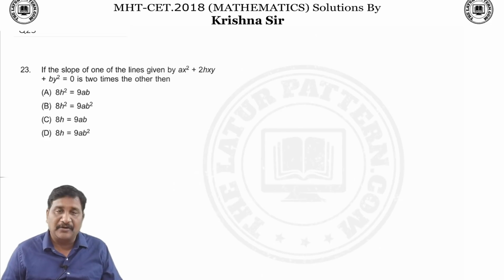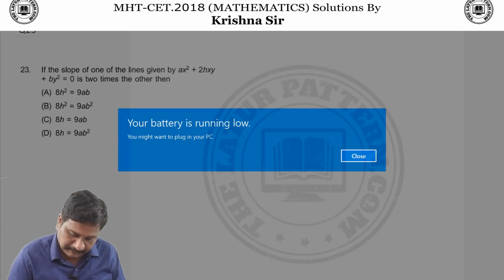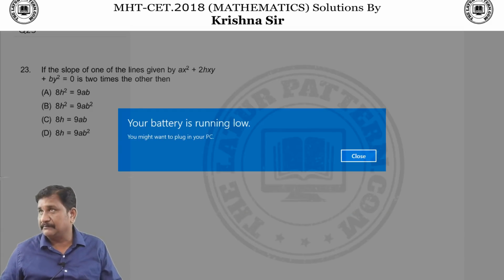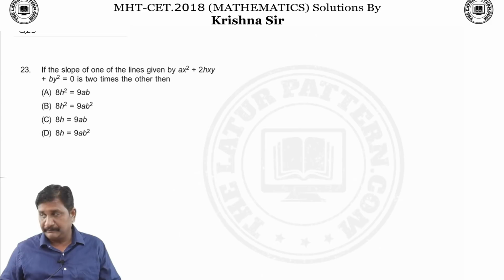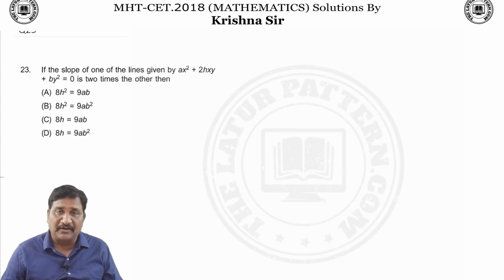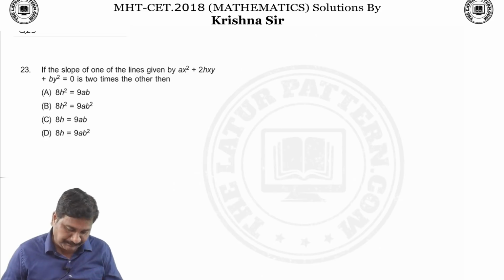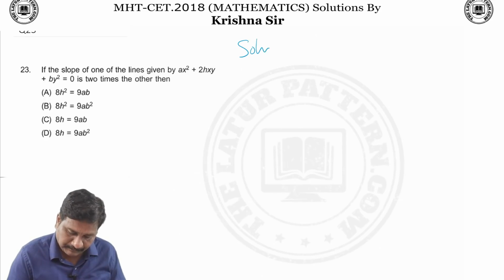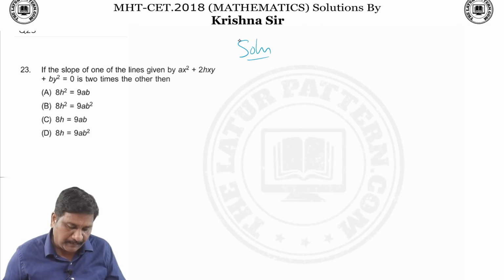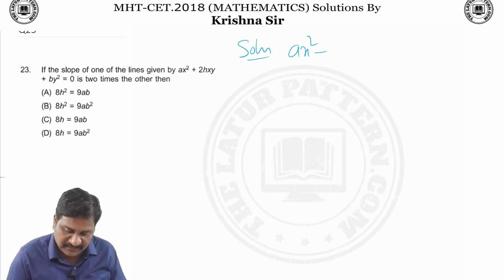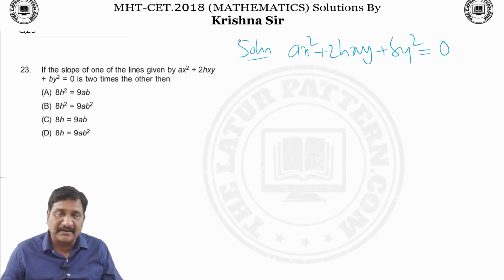The solution of question number 23. If the slope of one of the lines given by ax square plus 2hxy plus by square is equal to 0 is 2 times the other, then we have to find the condition.